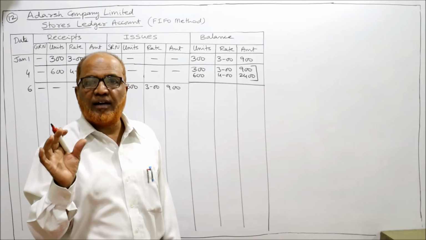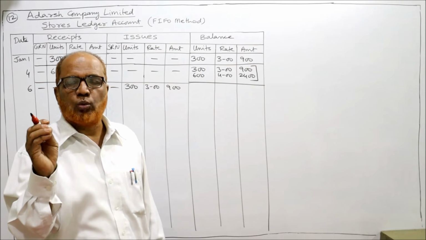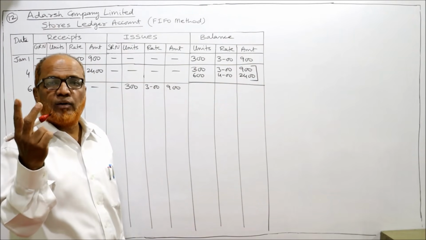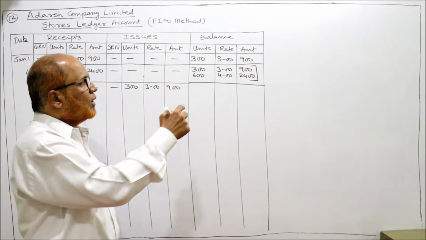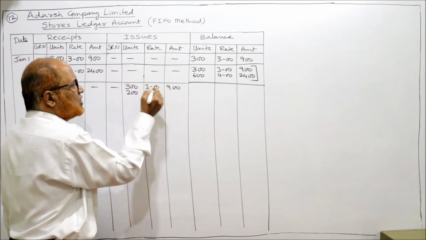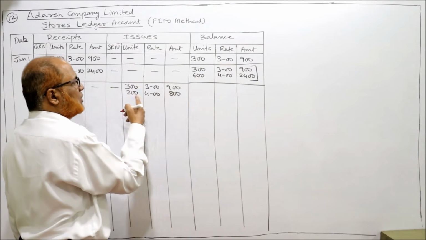Totally 500 units I have to issue. The problem says 500 units we have to issue. So first I have issued 300 units. Still 200 units more I have to issue. That 200 I issue from 600. So this 200 I will issue at the rate of 4 rupees. It is 800.